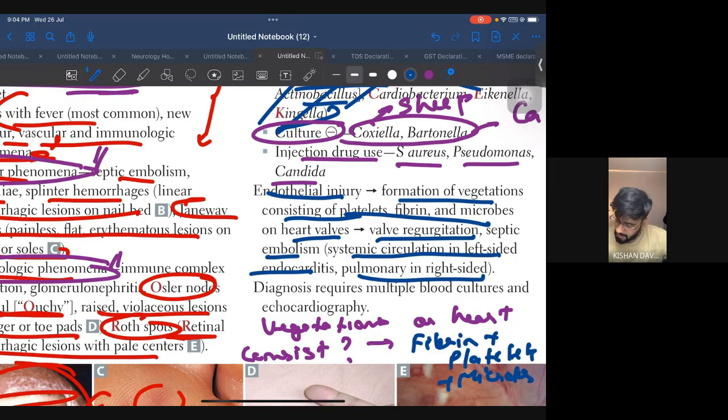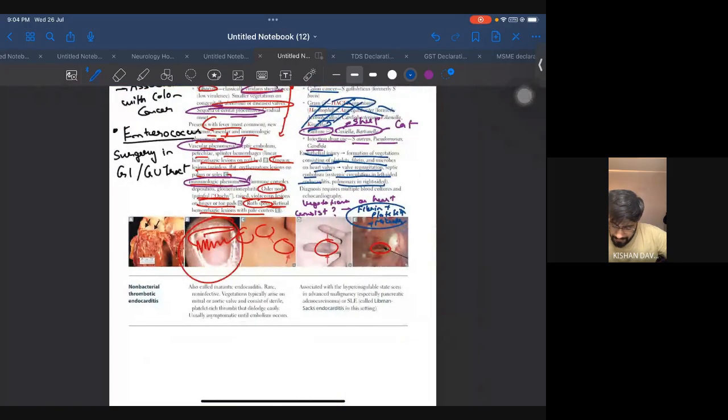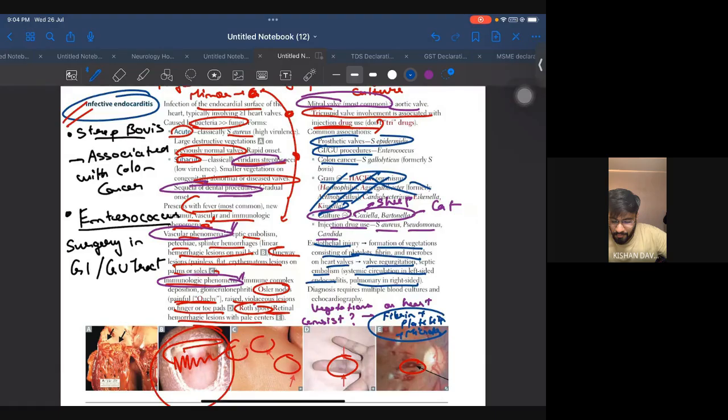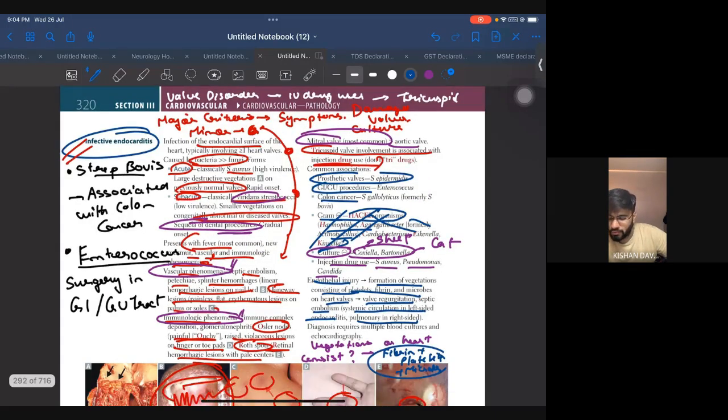Okay, this question has been asked, so you should remember this. All right, so this is all about infective endocarditis. Each and everything is important to how the questions will be presented to you. So make sure you do them properly.